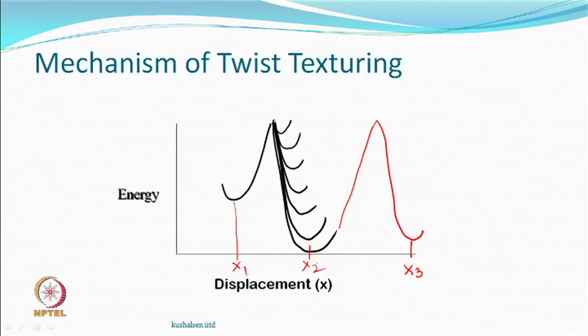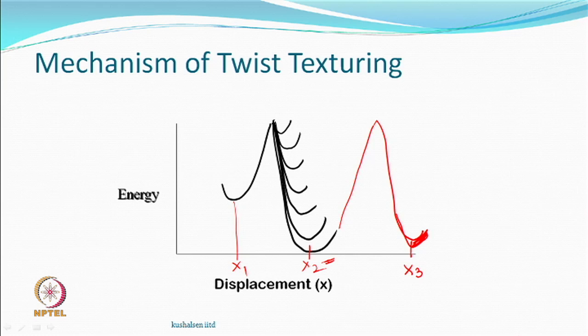If exactly that happens, then we may not go to the position x 2, and there will be some other position which is x 3. From the energy point of view, you may actually be at the same level, but the difference will be somewhere else.